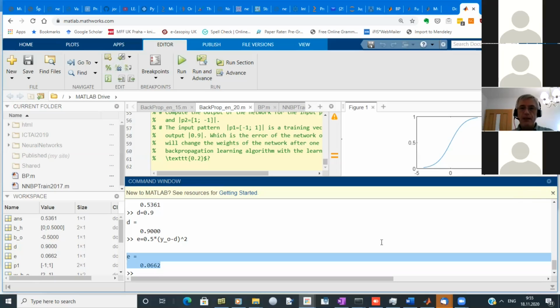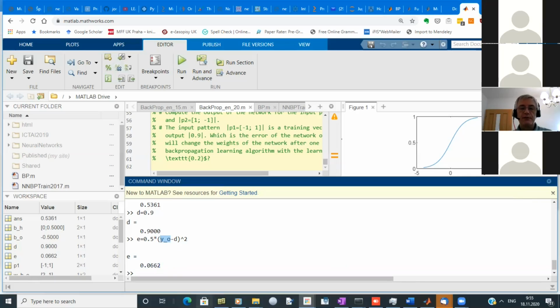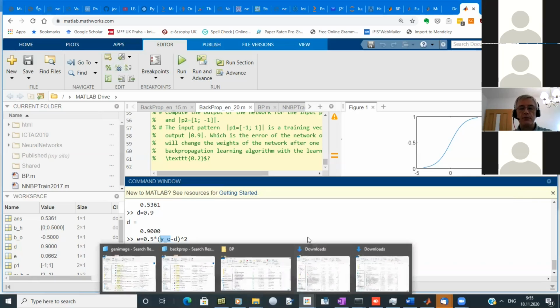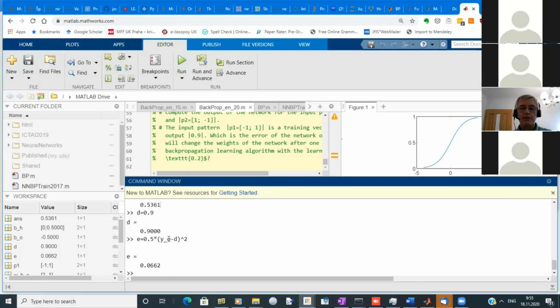So the backpropagation algorithm should adjust the weights of the network in order to move the real output, which was computed on the output neuron, closer to the desired output.